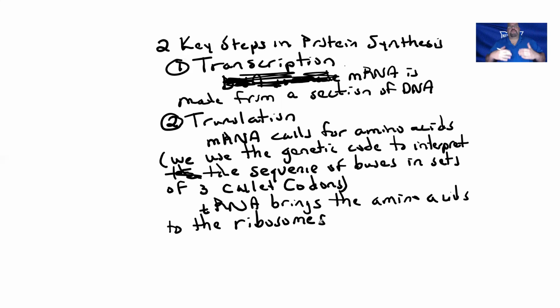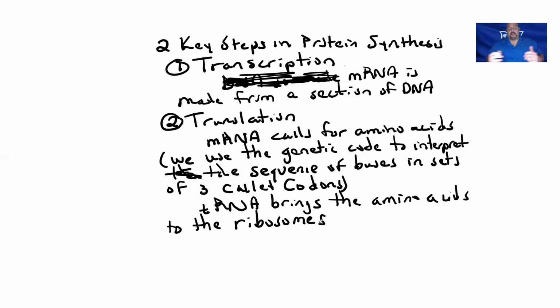But how does the messenger RNA call for the amino acids? Essentially, the bases that are found in the messenger RNA, because remember, just like DNA, they're made up of nucleotides. So you're still going to have phosphate, sugar, and base. Just like we mentioned for DNA, the only difference between nucleotides would be the nitrogenous base present.